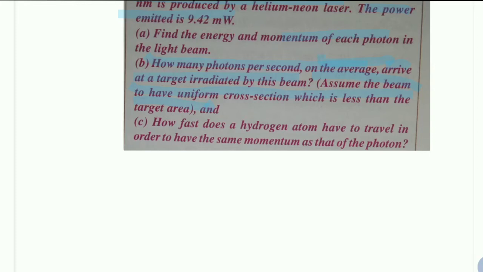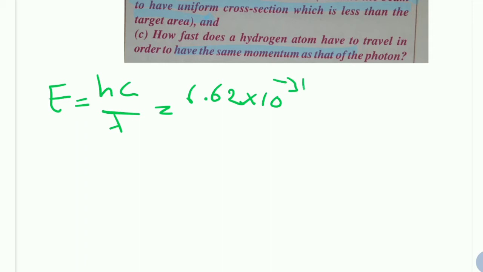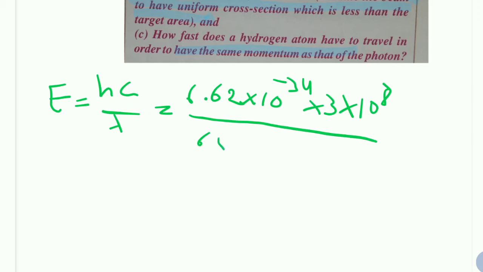So E is equal to hc by lambda. h is 6.62 into 10 to the power of minus 34, c is 3 into 10 to the power of 8, and lambda is given as 632.8 into 10 to the power of minus 9.